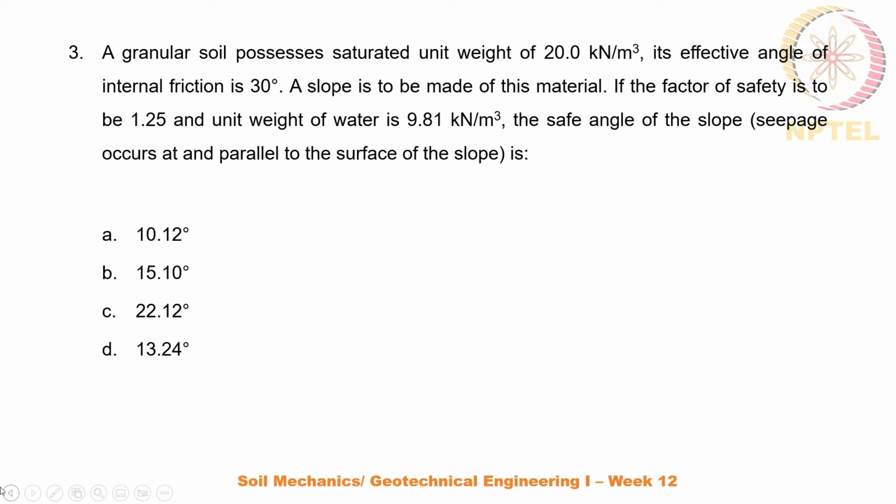We are asked to determine the angle made by the slope with the horizontal if the required factor of safety is 1.25. We are given the saturated unit weight of the soil sample, effective angle of internal friction, as well as the required factor of safety.